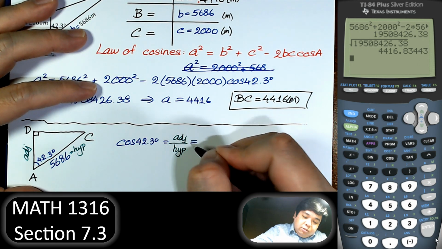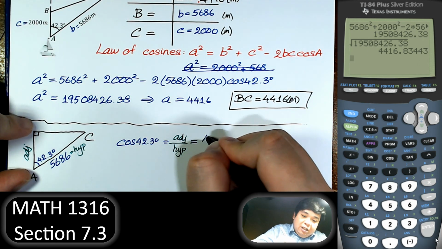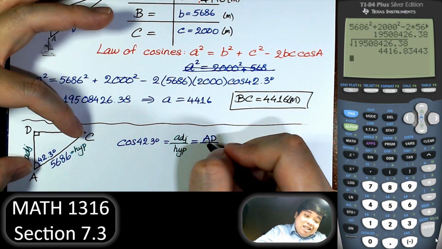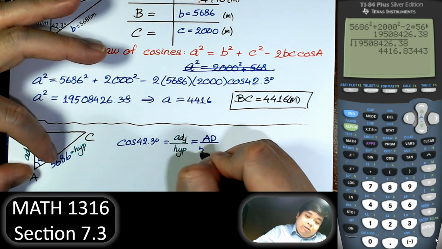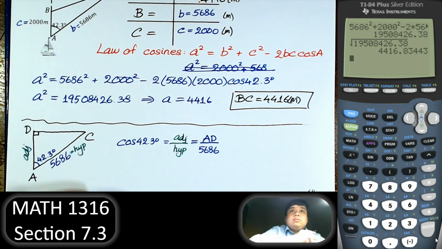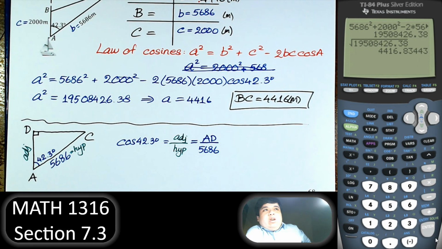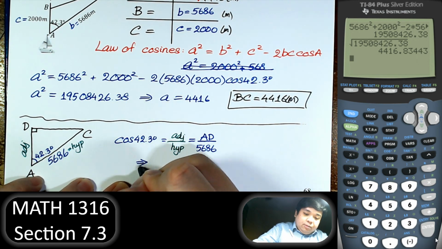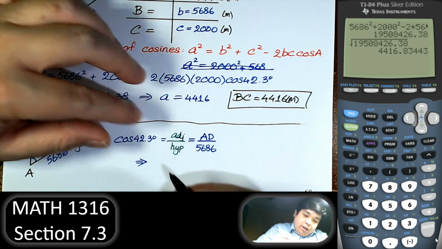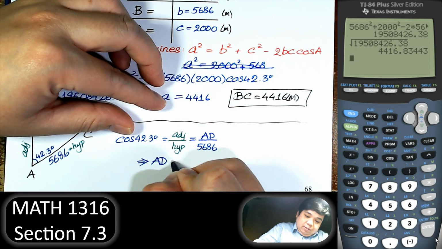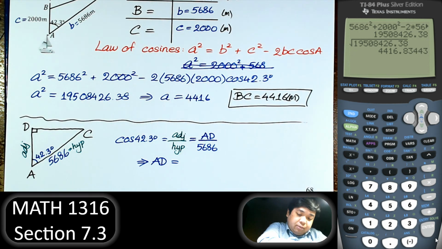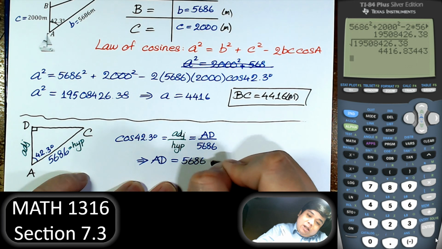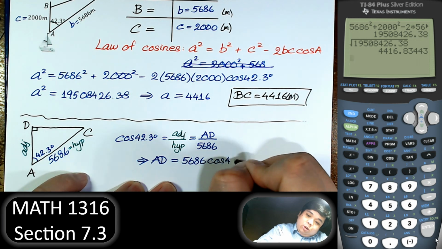Adjacent is AD over hypotenuse, which is AC. We know for sure 5,686. Yeah, so when the triangle is a right triangle, we don't have to use law of sine or cosine. We just use basic trigonometry. So AD will be equal to 5,686 times cosine of 42.3.